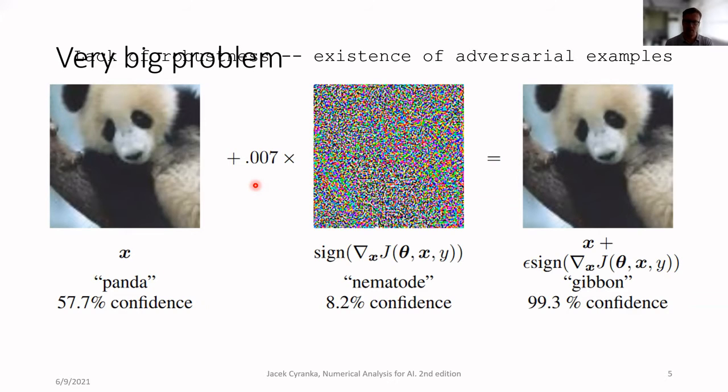So we have an image. You compute, I mean, some adversary computes a so-called perturbation. So it's like a direction which uses the gradient to find the direction which will be the most devastating for the classifier, and you add it to the input image, and suddenly, with high confidence, the classifier thinks that it's something else.